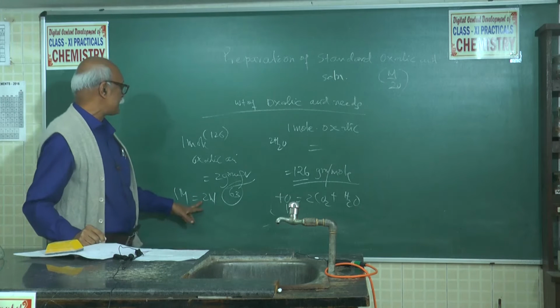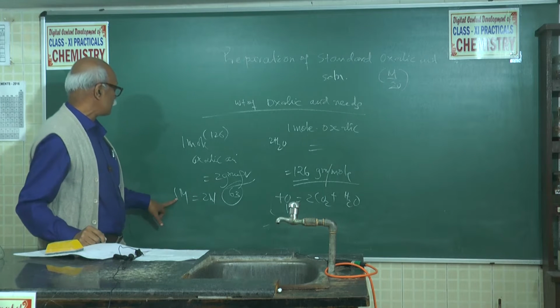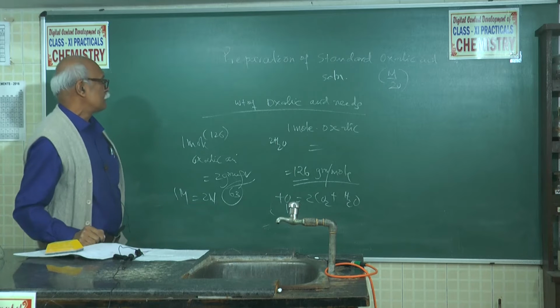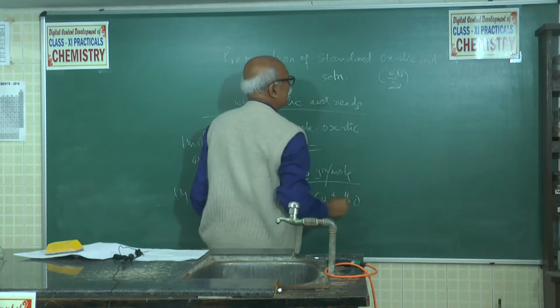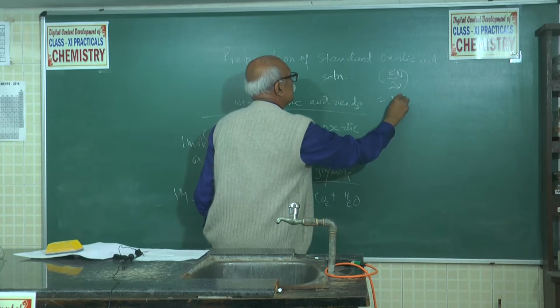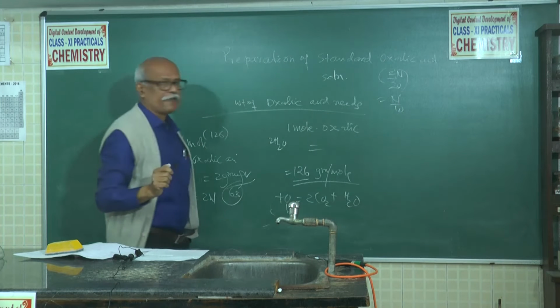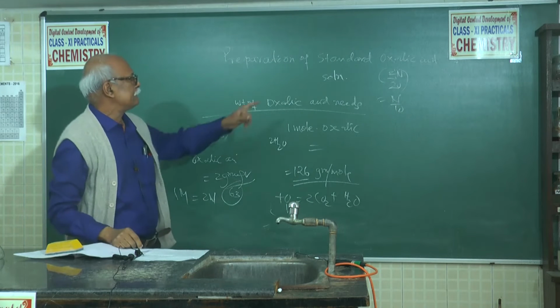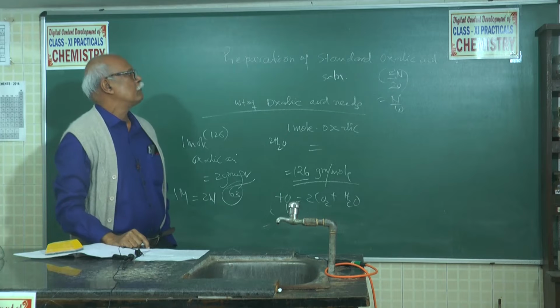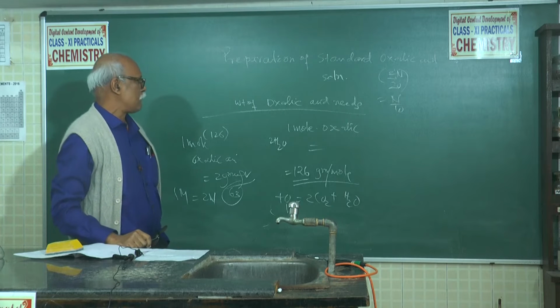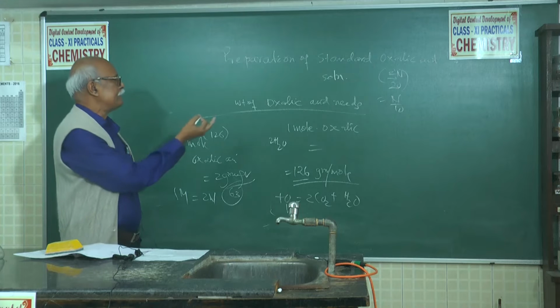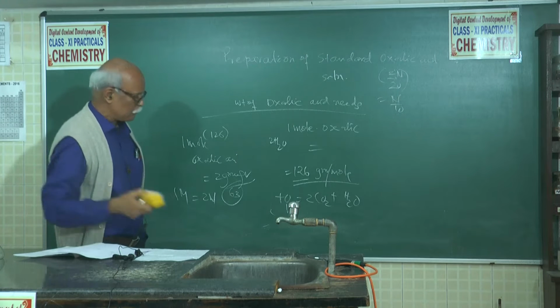That means 2 gram equivalent per liter, while 1 molar solution means 1 mole per liter. So if you put it here, 2N by 2 means it is N by 10. So N by 10 or decinormal solution is the same as your molar solution. Molar solution, if you express it, will be M by 20. So M by 20 is the same as N by 10 solution.